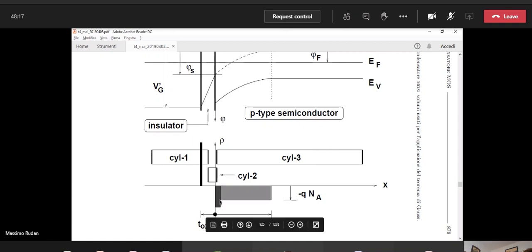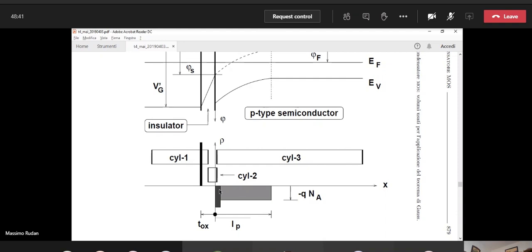The layer of electrons in the semiconductor, if it exists, because it exists here because we apply the large positive voltage to the gate, okay? If it exists, the thickness of the layer at the interface is about 10 times larger than that on the metal side.